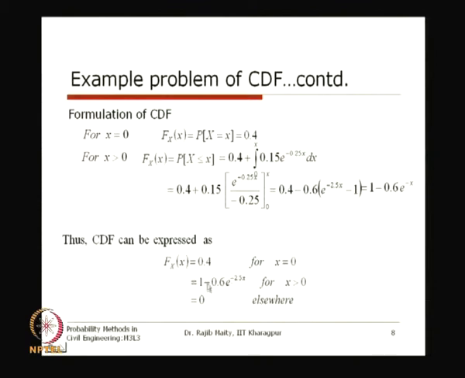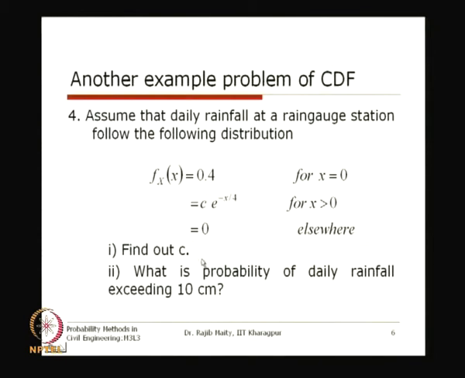With this final form of the CDF, now we put x equals 10 to get the probability. Here it is asking for the probability that rainfall exceeds 10 centimeters. So we first calculate from this CDF the probability of daily rainfall less than or equal to 10 centimeter, then deduct it from the total probability 1.